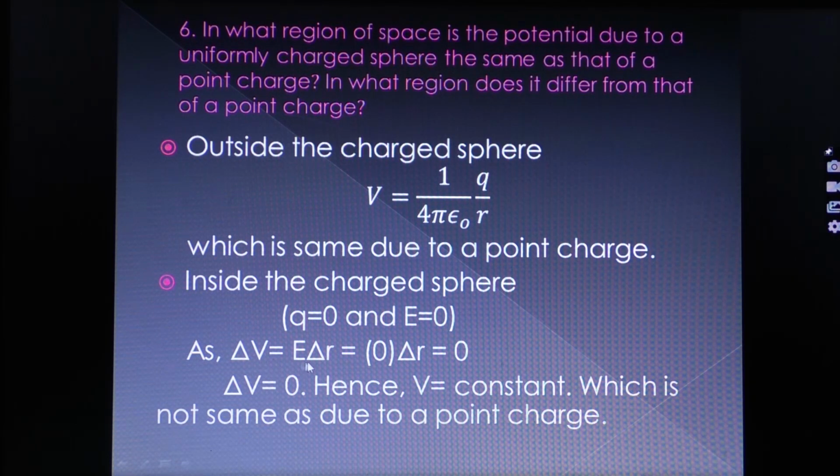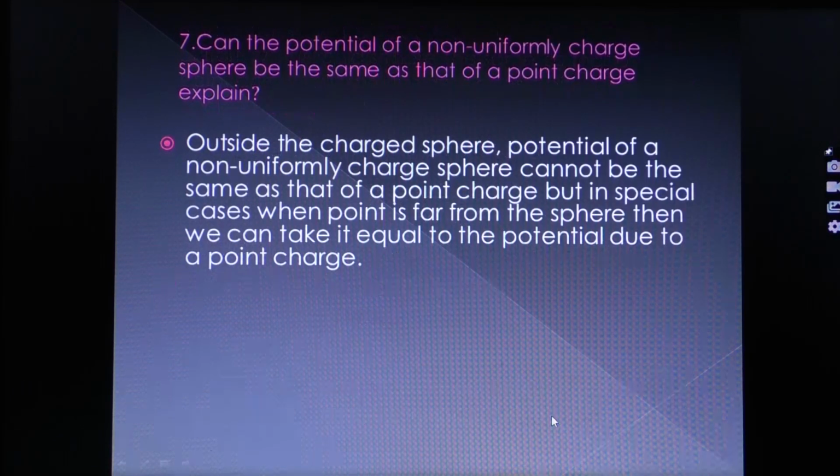Delta V is equal to E into delta R, because E is 0, putting 0 into delta R makes delta V equal to 0. So delta V is equal to 0 is coming. Hence, what we conclude? That V is constant, which is not the same as due to a point charge.